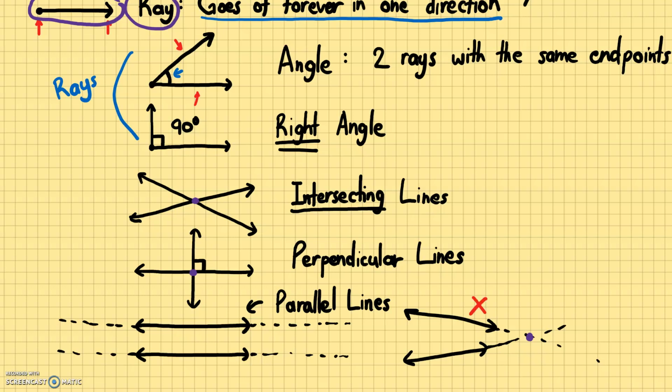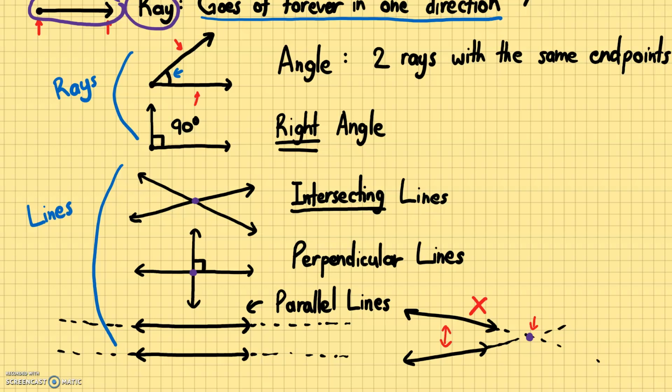The ones on the right are not parallel lines, because even though they don't intersect here, they're eventually going to intersect here if you keep extending these lines. Okay, so that's the basic idea behind the one-dimensional geometric figures. So these three are the relationships between lines.